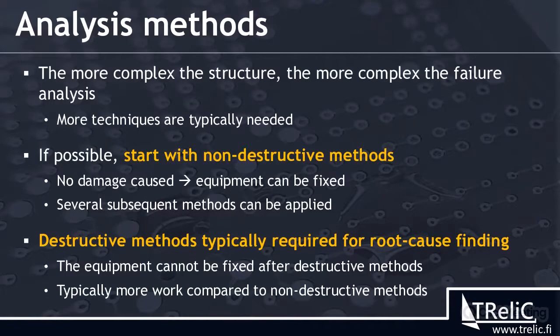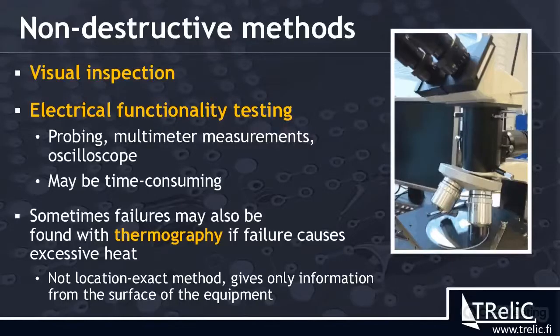However, if we are talking about a more complex structure or a more difficult failure, normally we need destructive methods to find the real reason for the failures. This means that we need to, for example, cut the part or do something else to it to analyze what has happened. The more complex the structure is, the more complex the failure analysis normally is, and the more techniques we need to use.